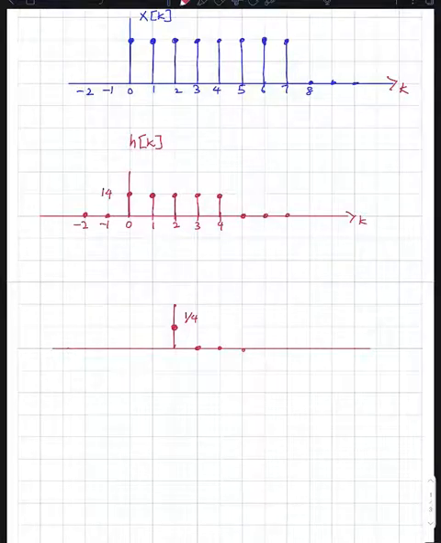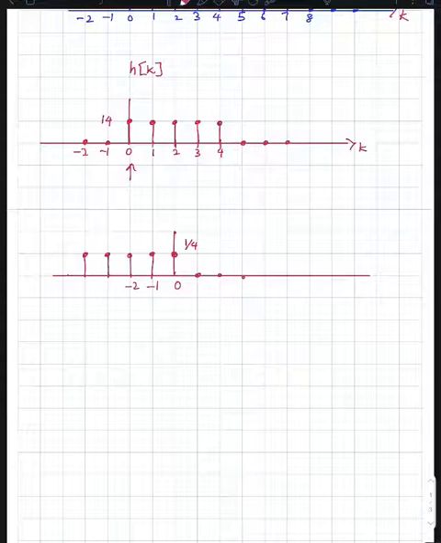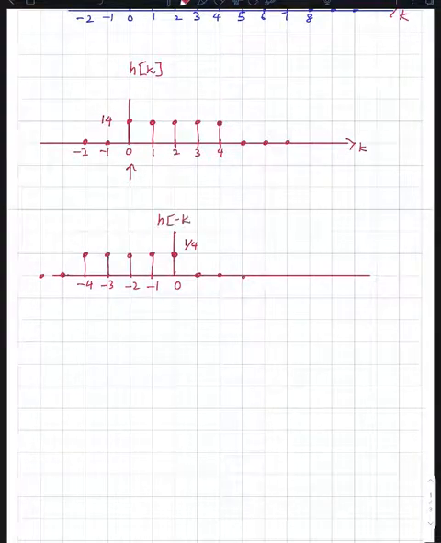Just flip the signal about the vertical axis. So 0 will be there, then 1 becomes minus 1, minus 2 becomes minus 2, and all of this becomes negative when you flip it. The signal is going the other way: 0, minus 1, minus 2, minus 3, and minus 4, and then it's 0. So this is h[minus k].